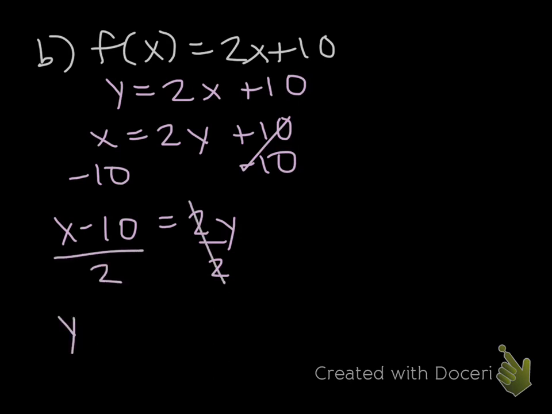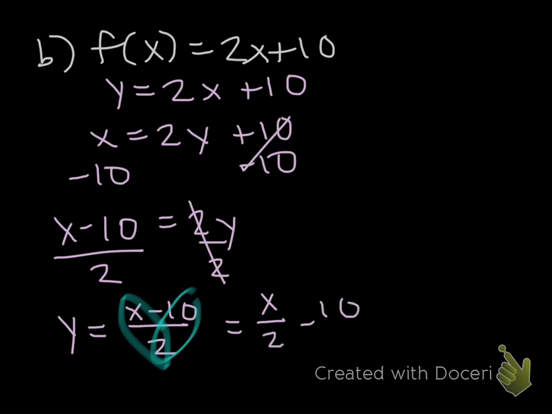There are a couple ways you could write this answer. You could leave it as a fraction, like so. You could go one step further and divide both of these values by 2. When I do that, I get x over 2 minus 10 over 2. If you choose to go that route and split them up, you will have to simplify. So this means x over 2 minus 5.